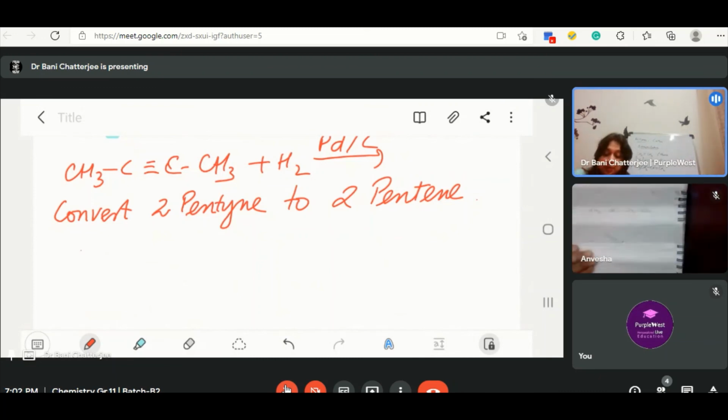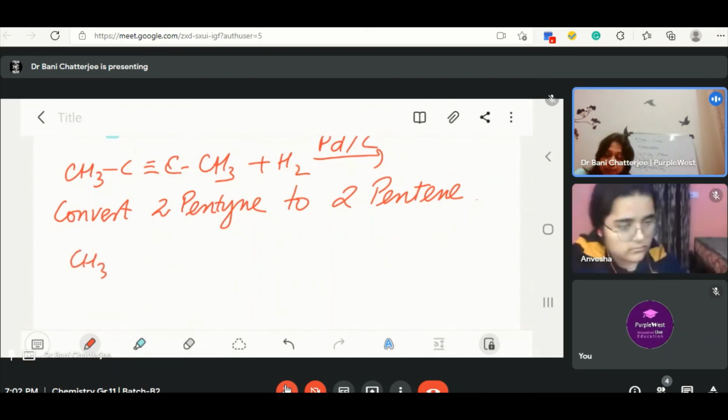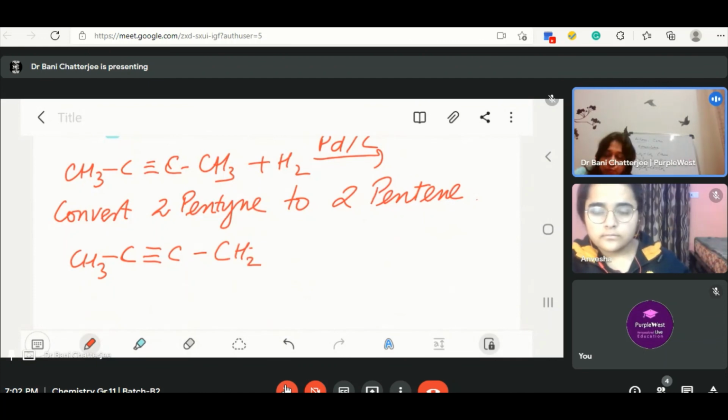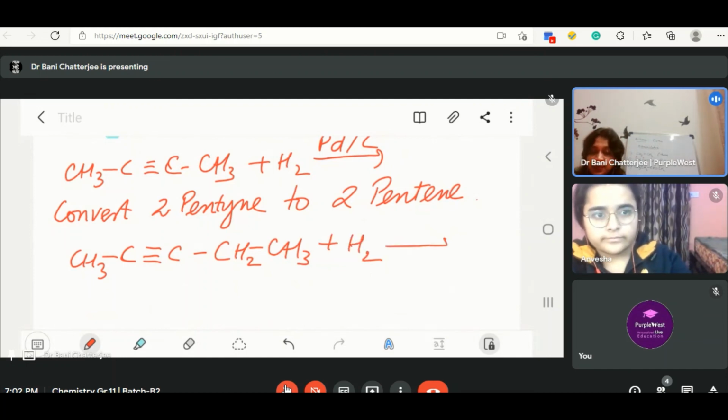Not visible. You are holding at a wrong place. Just see. I am drawing it because I have to go to the other class also. Just see carefully. CH3, C triple bond C, CH2, CH3. 1, 2, 3, 4, 5 carbons are there. Triple bond is there. So simply H2, Pd and C. So you have drawn the pentyne in this way only or not?